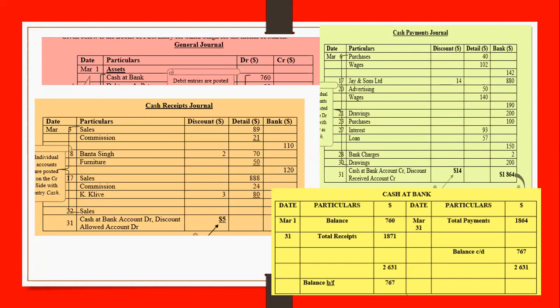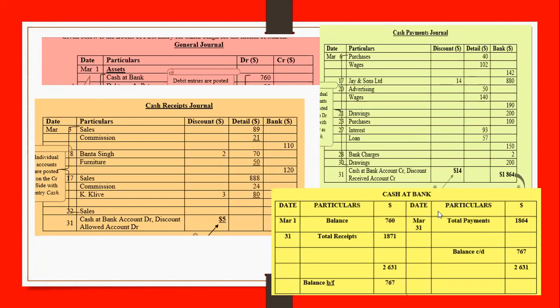So pay attention to the term that I'm using: column for a journal and side for a ledger. I hope that is clear for everyone.